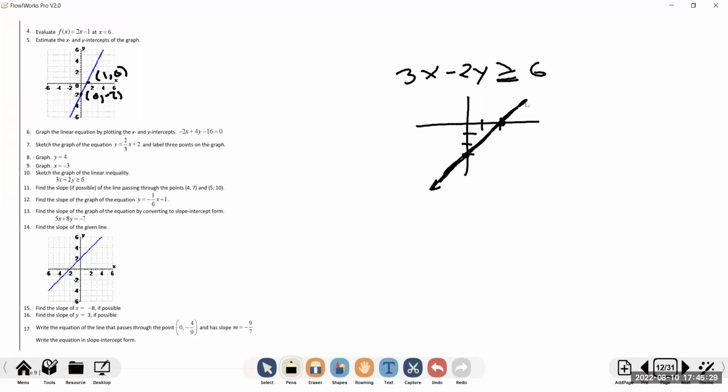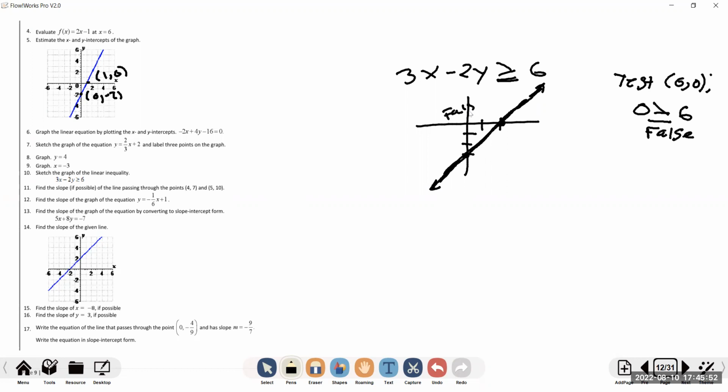Now I need to know whether to shade above or below that line. To do that, I'm going to choose the origin as a test point because it's not on the boundary line. So when I test it, is 0 greater than or equal to 6? That's false. I want to shade on the true side.